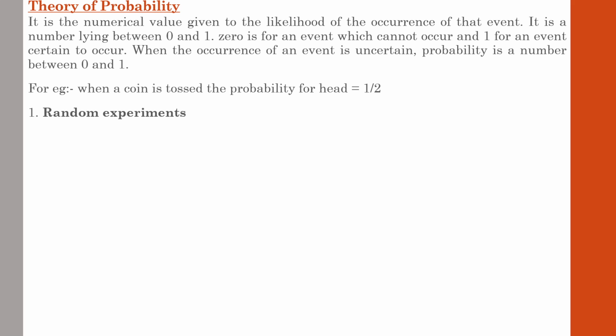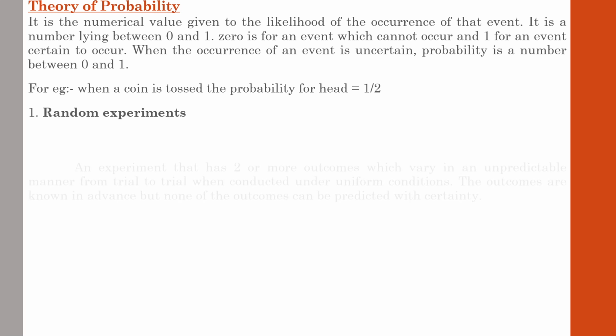First one, random experiments. Random experiment is an important term that you will be dealing with during the computation part or the methods and techniques which we are going to learn in the future sessions.